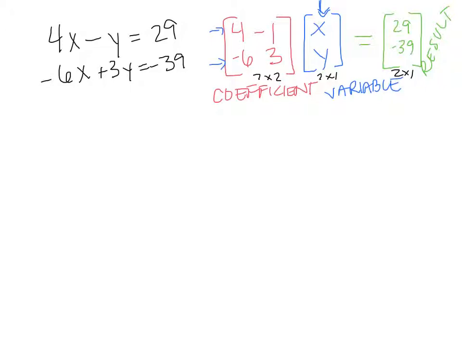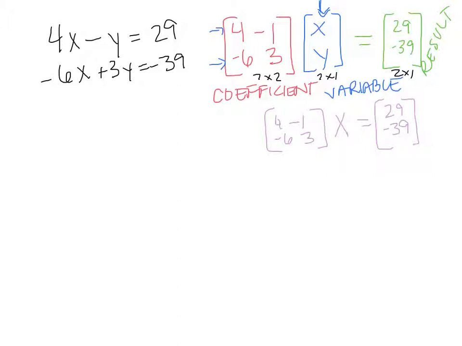Now another way that you might see this written is as the coefficient matrix times some unknown matrix X, which equals the resulting matrix. It's really the same thing. When you find that unknown matrix X, you'll have a 2 by 1 matrix, and then you would apply those variables in the order they come in.